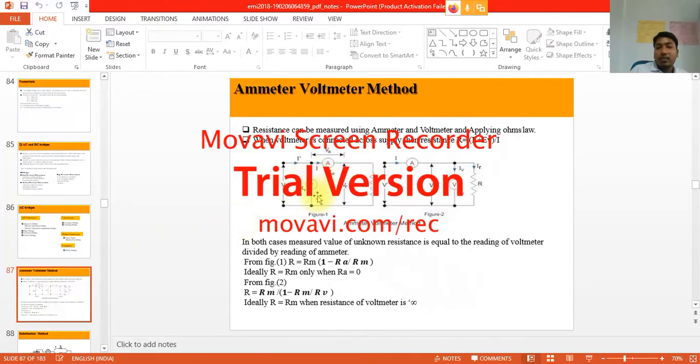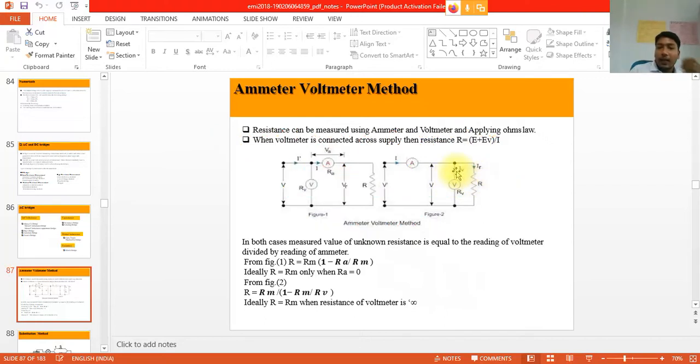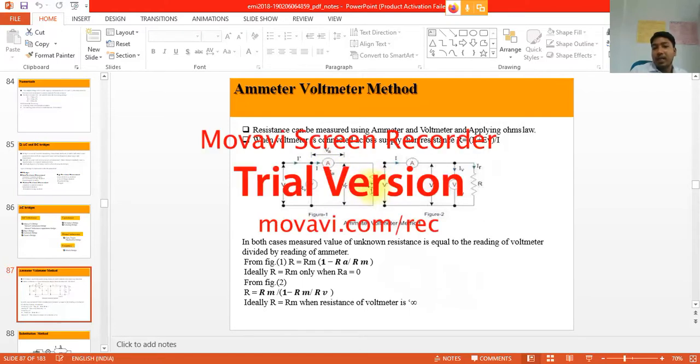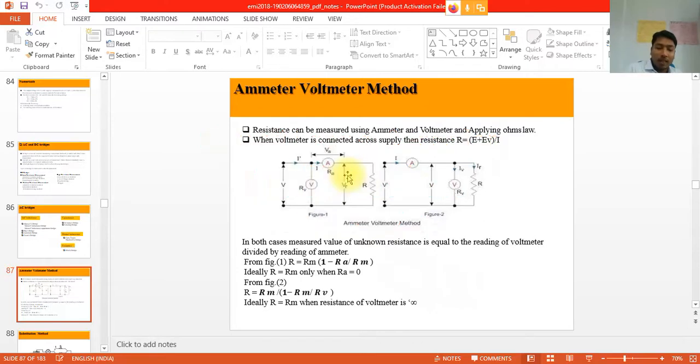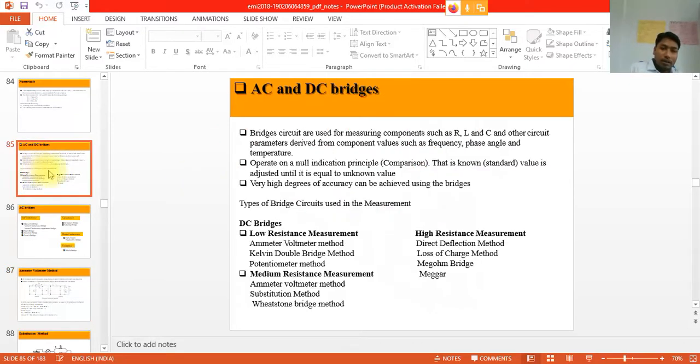If you connect the voltmeter across the load, as in figure 2, that connection is applied to measure high values. If you connect the ammeter behind the load, that type of connection is used to measure low resistance. That's why these two methods are preferred to measure low as well as medium resistance.